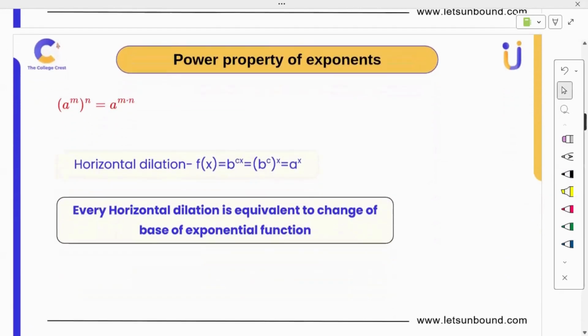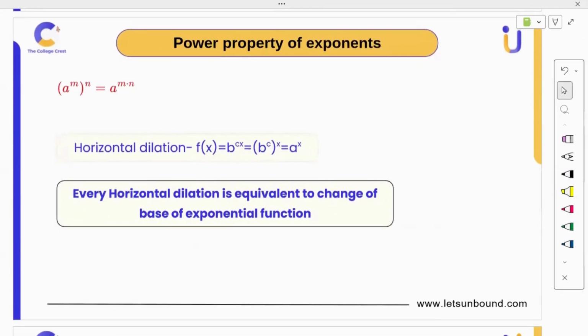Now, power property of exponents. Power property means power to the power, you multiply the powers. Horizontal dilation: f of x is b power x, b power cx. If it's b power x, you just multiply by c, it's horizontal dilation. Now I'm applying the rule, b power c the whole power x. B power c is a number, so I'm just giving a different name, a power x.